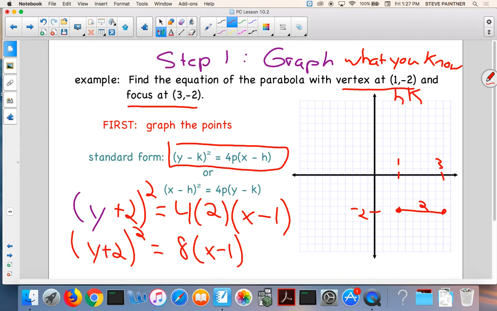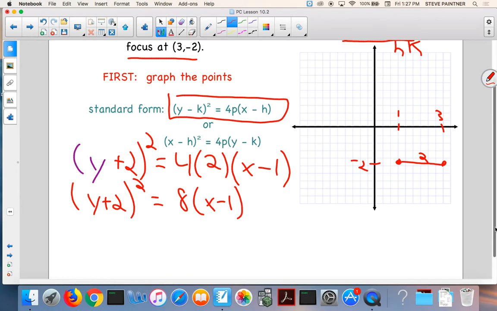What are those points that we plug in? You plug in x equals 3. Right here, here's our focus. We know that our parabola is going to have kind of this general look to it. So we're plugging in the x coordinate to get the y coordinate.